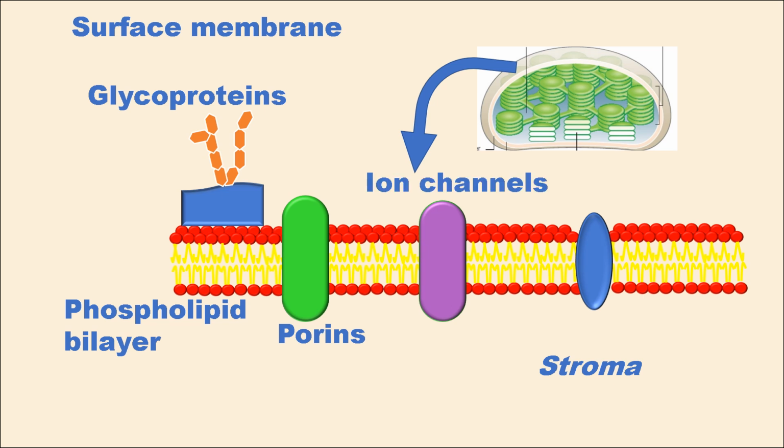There are also ion channels and other proteins. These channels allow ions from the plant cell cytoplasm to enter the stroma inside the chloroplast. For instance, ions like magnesium and iron are transported because they are essential for synthesizing chlorophyll.